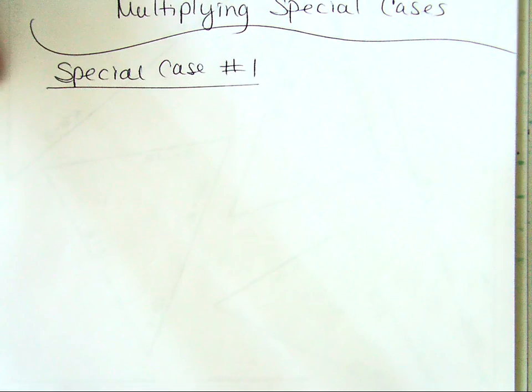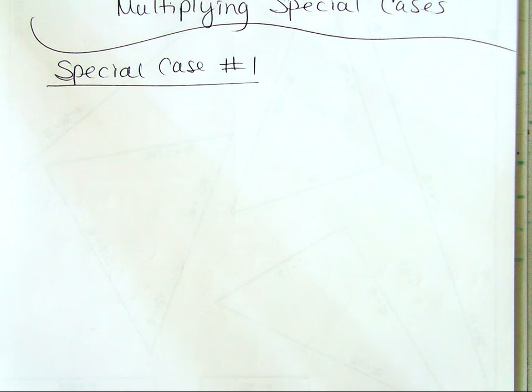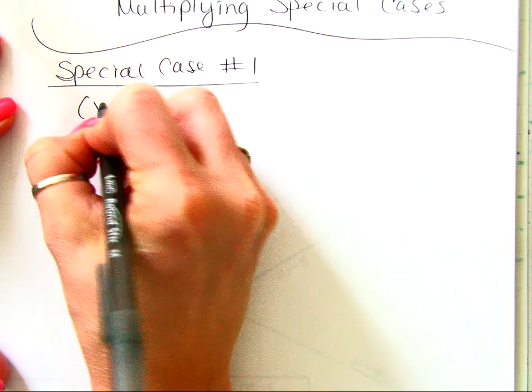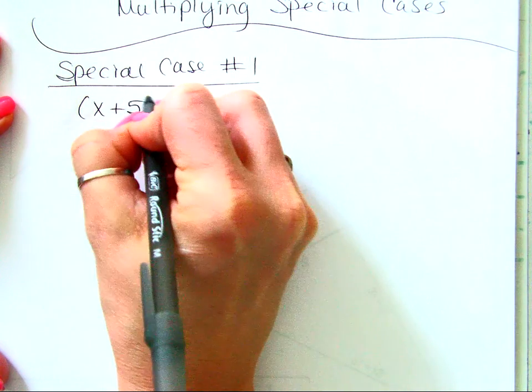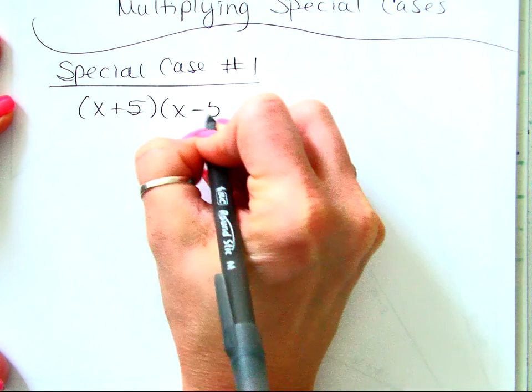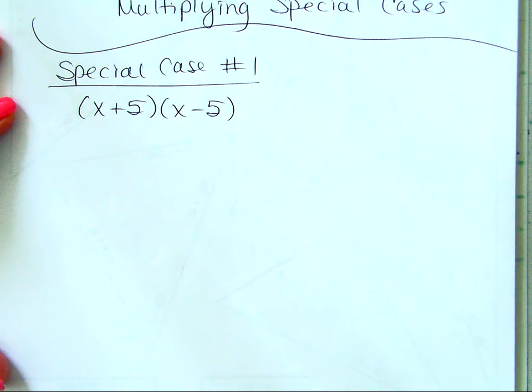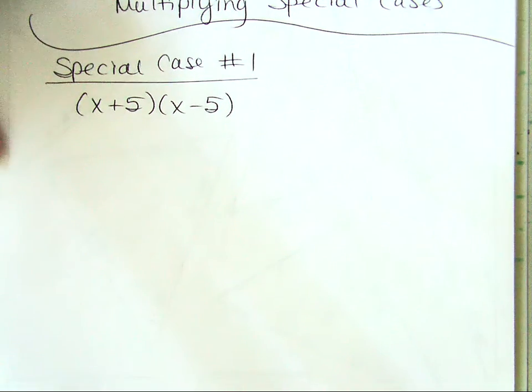So before I tell you the name of it, I'm going to do a couple, and your goal is to see if you can figure out what makes it so special and what the rules are going to be for that. So if I ask you to multiply an x plus 5 times an x minus 5, so just let me do a few of these. So something weird's going to happen, okay?